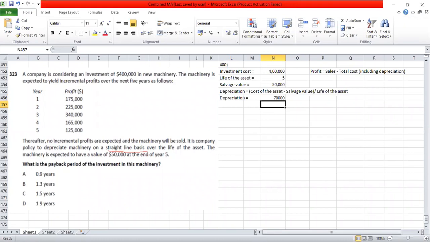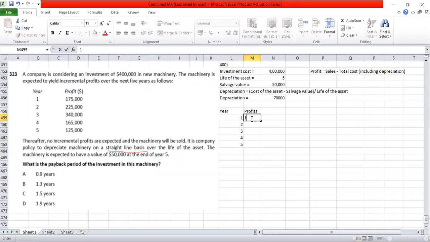See, they have calculated profits. Let's mention here year. Then we have profits. Year starting from 1, 2, 3, 4, 5.